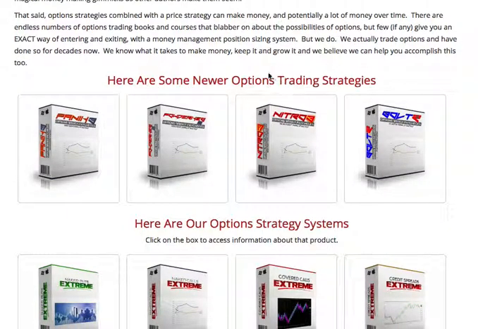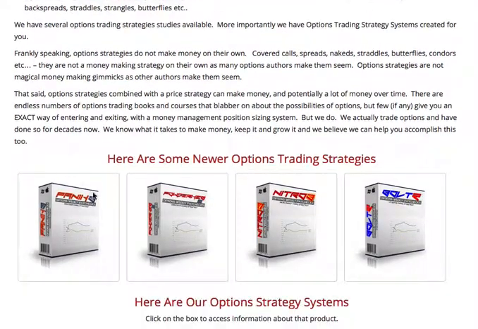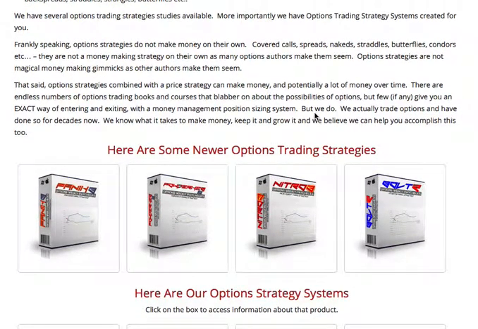So for example, you scroll down the page and you'll see here some of our newer options trading strategies. When you go back up here and look, options trading strategies, well, these are just trading strategies based on price, where we are using options. You can use calls and puts, for example, as your prime strategy, and really that's probably the best for these. These are all momentum trigger strategies, so therefore you can take advantage of the quick burst of price, and just keep potentially stacking profits after profits, net profits.